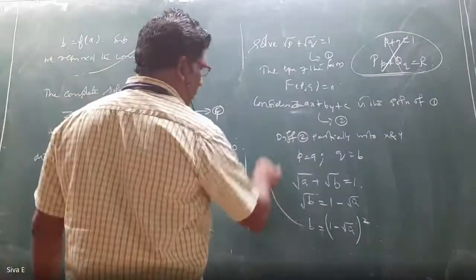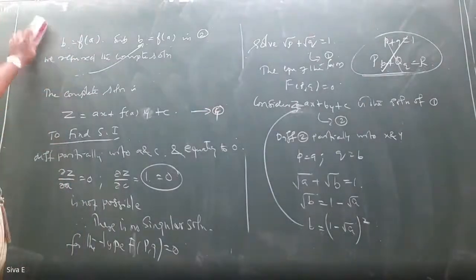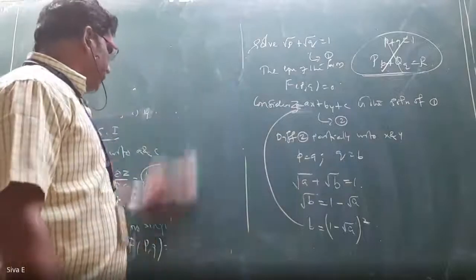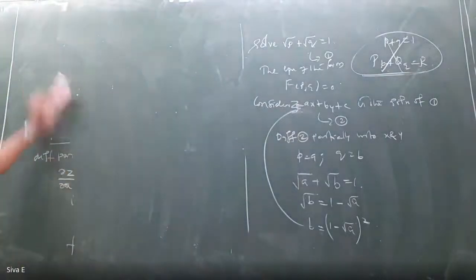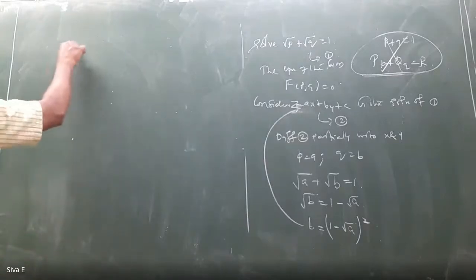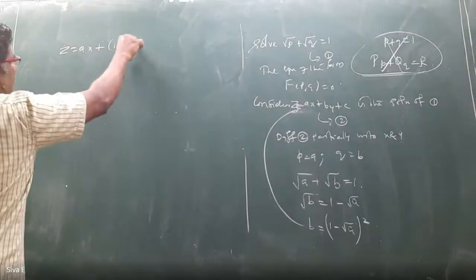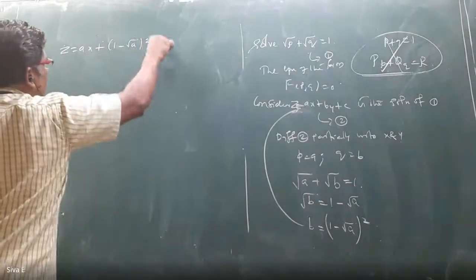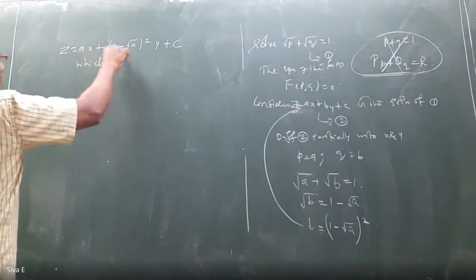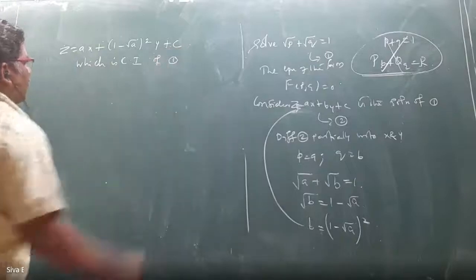Substitute this b equal to 1 minus root a whole square into 2. Z equal to ax plus 1 minus root a whole square y plus c, which is the complete integral of 1.